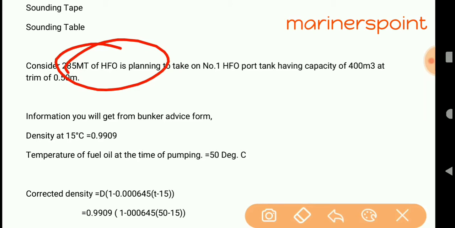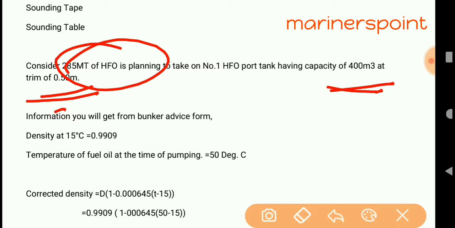I have already mentioned the settling tank and bunker line diagram of the ship, you can watch that video. The tank has a capacity of 400 meter cube at a trim of 0.50. It is given that the ship is on this trim and the volume is this, and you have to take 285 metric ton of heavy fuel oil as bunker in the heavy fuel oil tank.